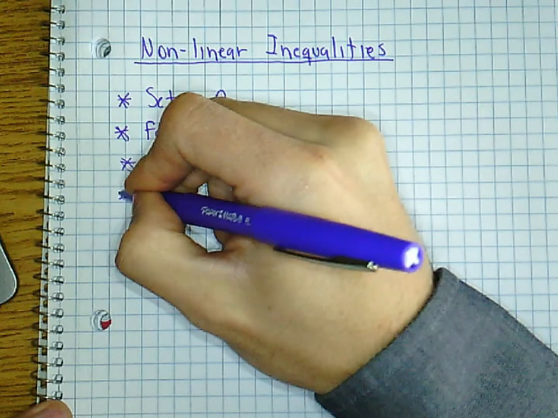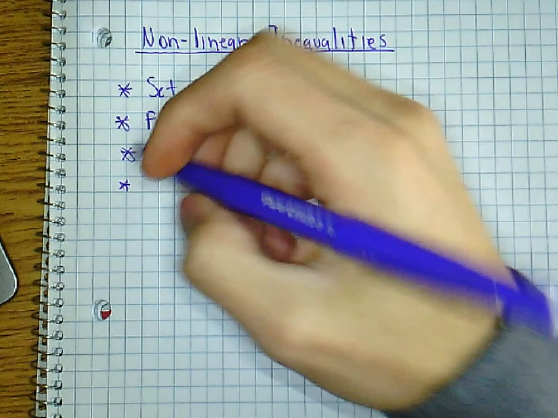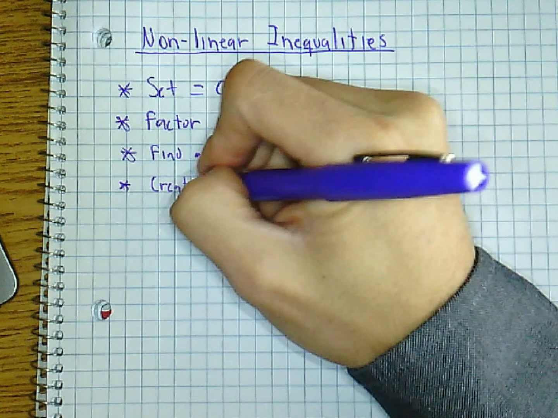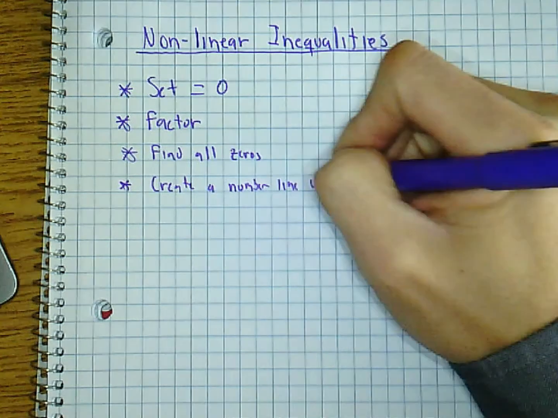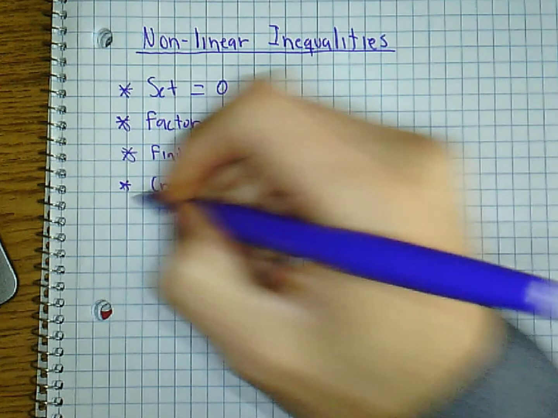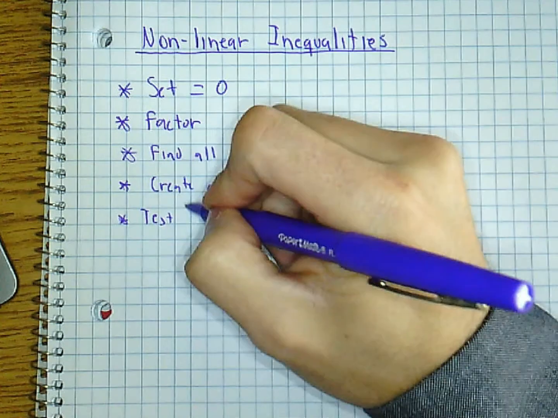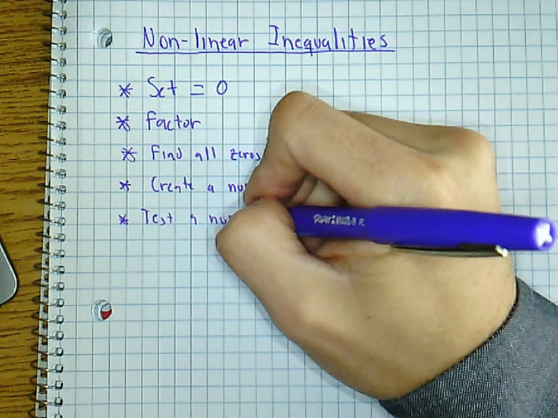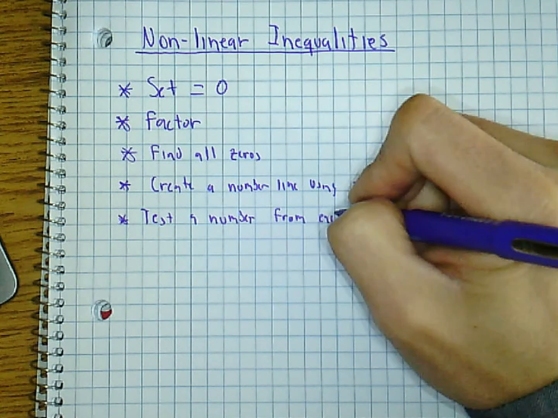Once you find all zeros, this is what's new because it's an inequality. Because it's an inequality, you are going to create a number line using the zeros. And lastly, you are going to test a number from each interval.